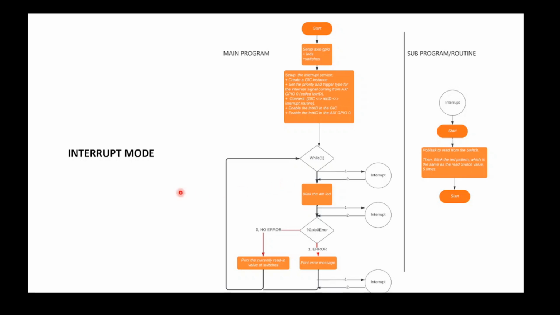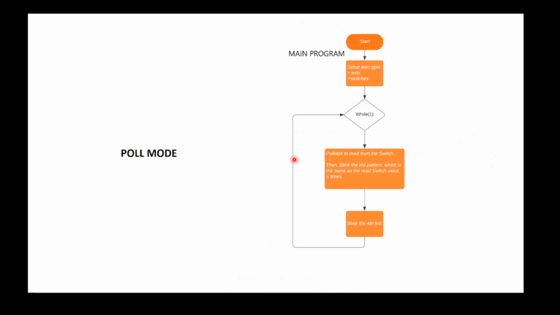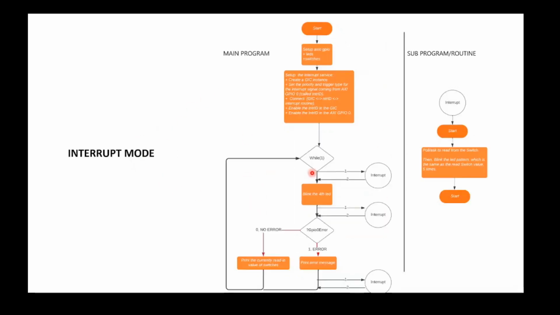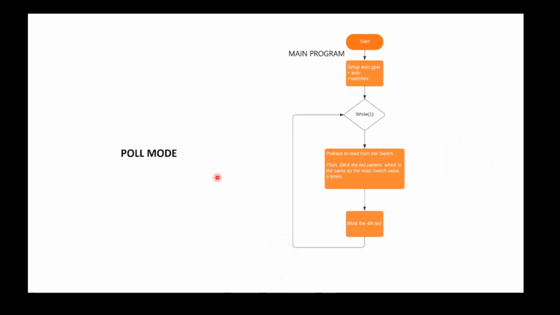If we compare the interrupt mode software idea and the poll mode software idea, we can clearly see that the interrupt mode is more complex. As a result, we just need to design our hardware to satisfy the interrupt mode software. When the hardware can support the interrupt mode, for sure that hardware can also support the software for the poll mode.